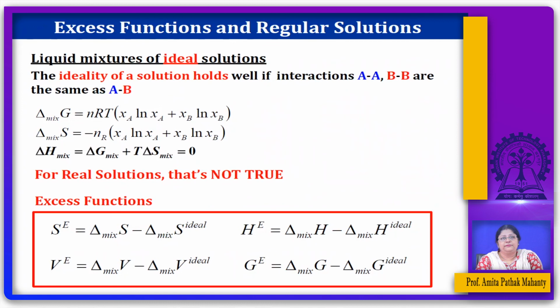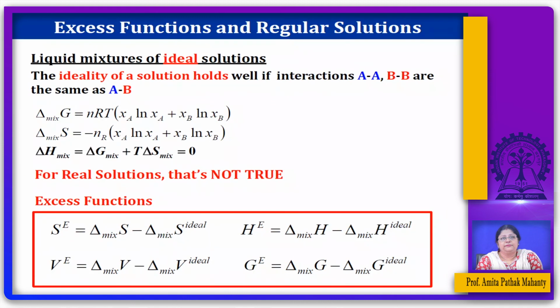I have to find out what the delta H or delta G change will be between the initial ideal state, where it was behaving like an ideal solution, and the non-ideal or real solution.